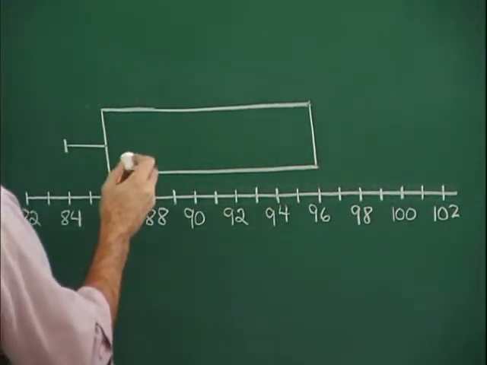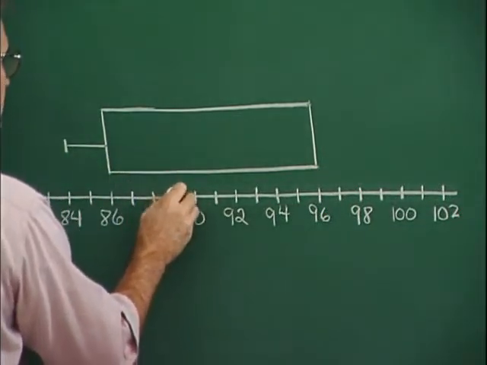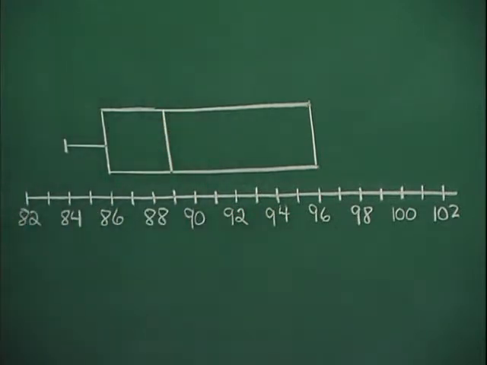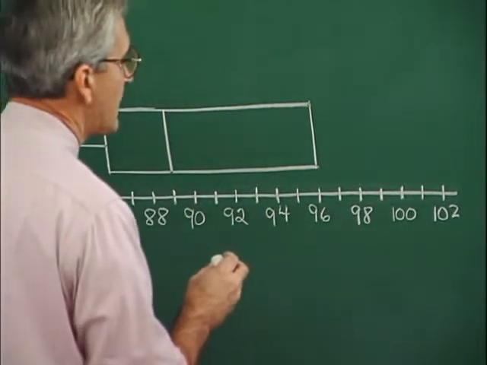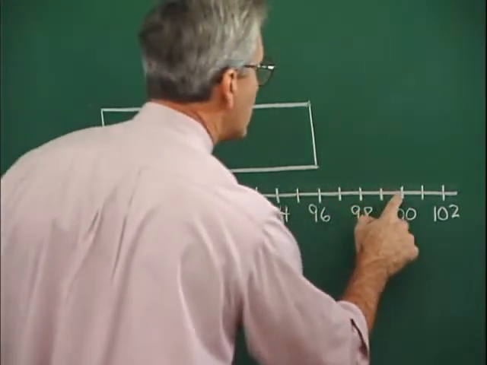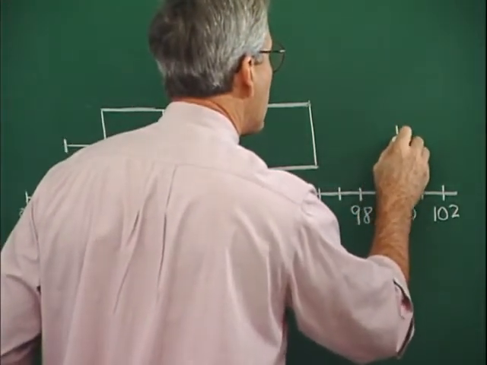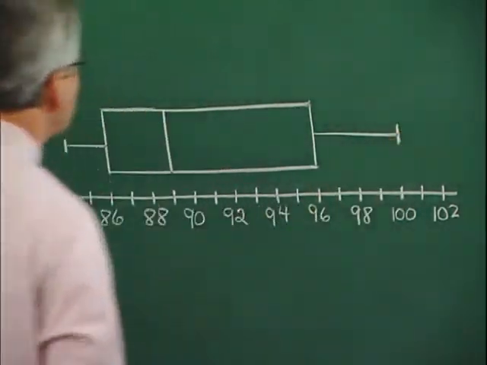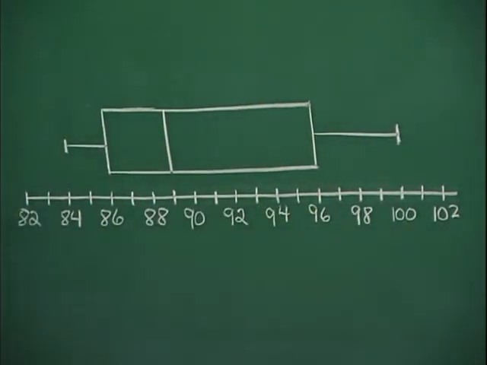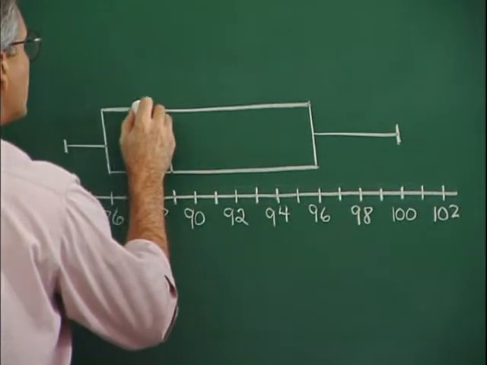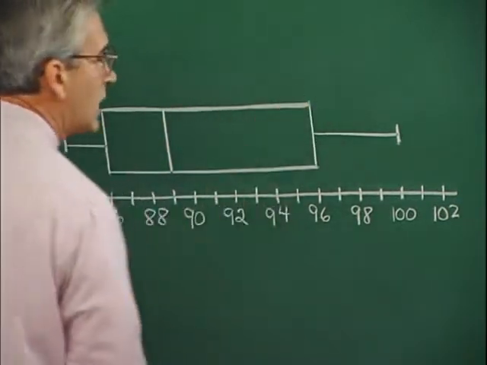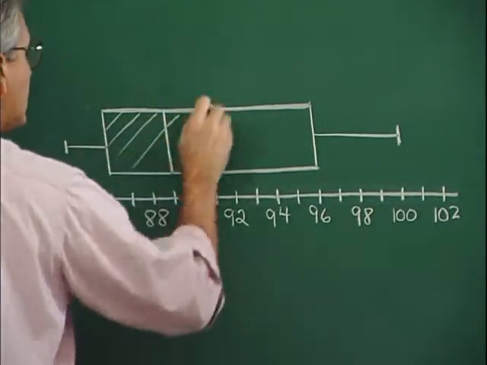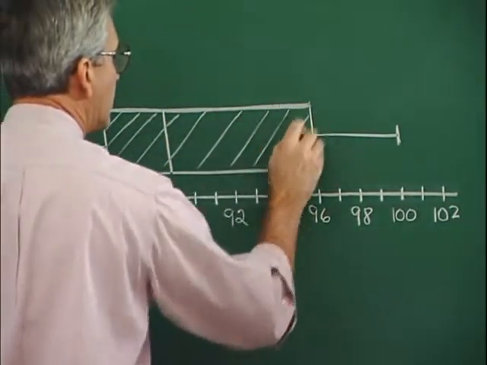The median was at 89, and here's 89. So there's the median. And the highest value was 100. So here's 100, and here's the box and whisker plot. You notice that in making a plot like this, it's pretty easy to identify the interquartile range. That interquartile range is in this region of the box plot, you see.